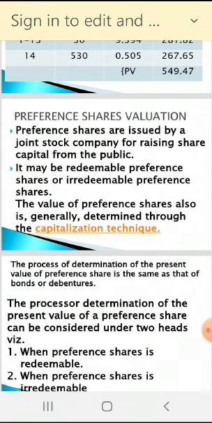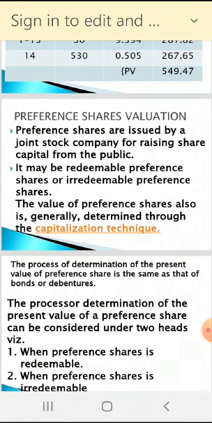It may be a redeemable preference share or an irredeemable preference share. So it's a type of preference share. Maybe redeemable, like a debenture or bond. Just above we discussed a bond that is redeemable after 7 years, 8 years. Same way, preference shares may be redeemable or irredeemable.